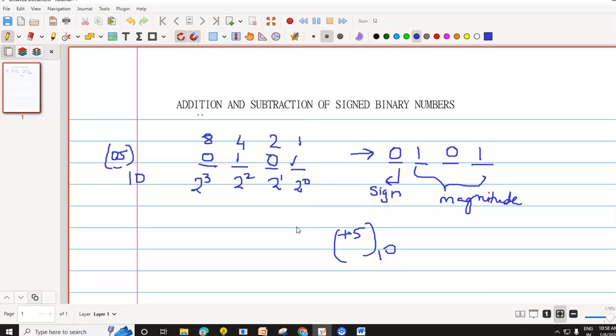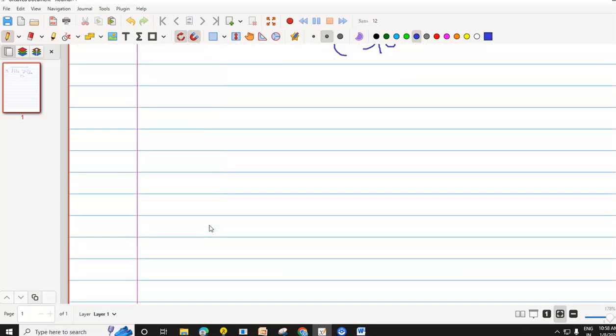The first case is when both numbers are positive.